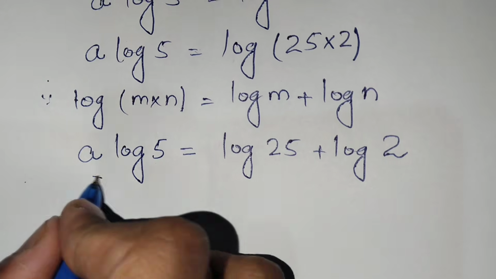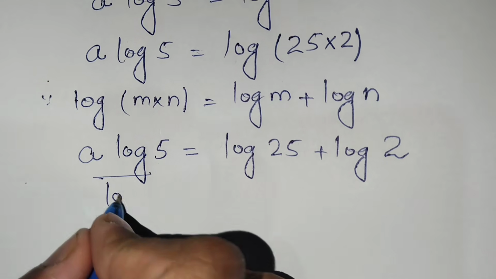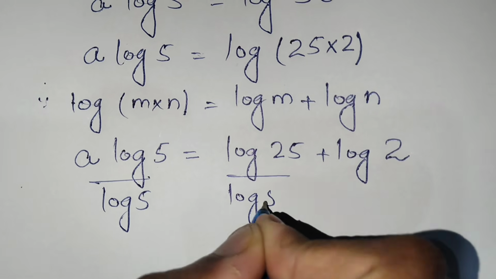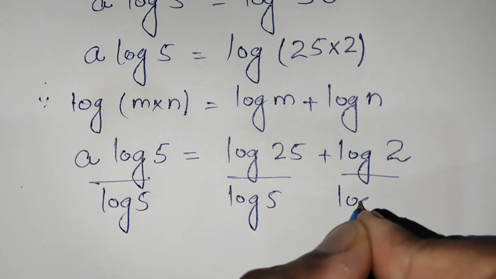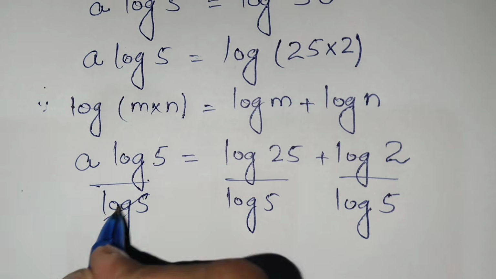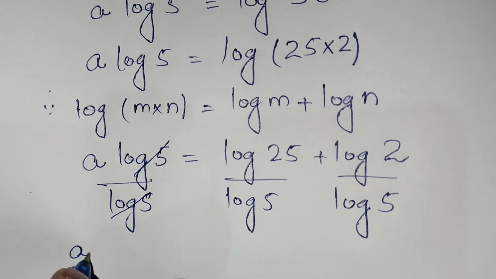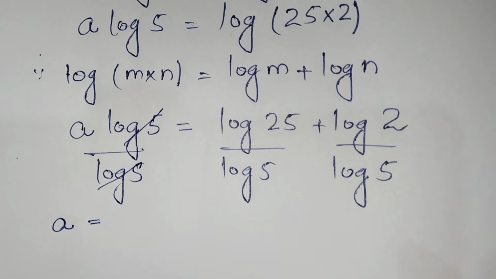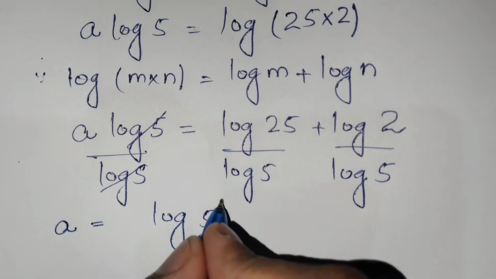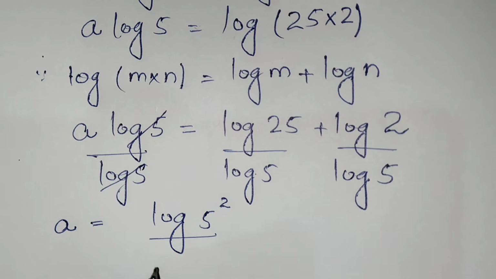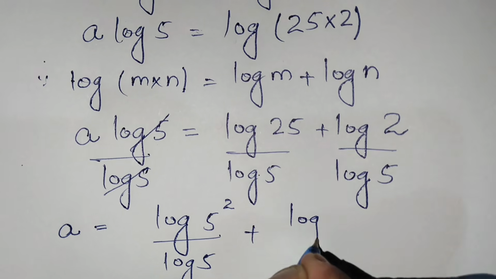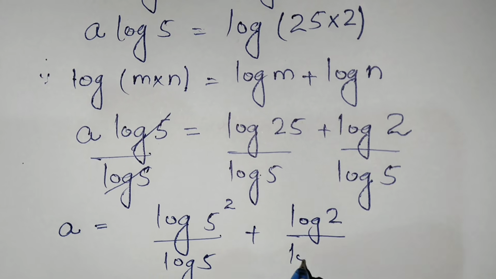Now divide log 5 on both sides of the equation. Log 5 cancels with log 5. a is equal to log of 25, which is basically 5 squared, divided by log of 5, plus log 2 divided by log 5.